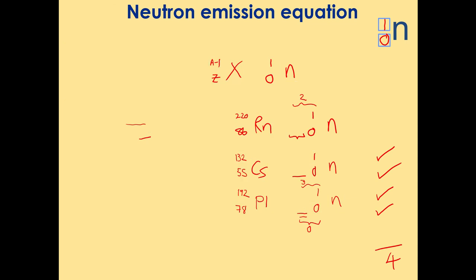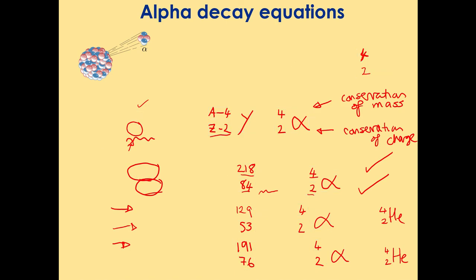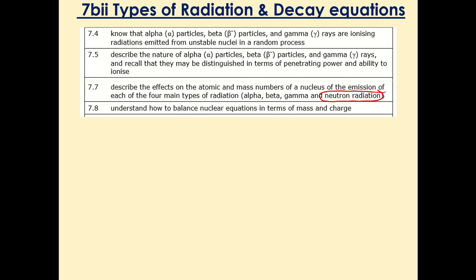I'm going to go all the way back to the learning intentions for this little section. We know that alpha, beta and gamma are all ionizing. They are all from unstable nuclei and that process is random.